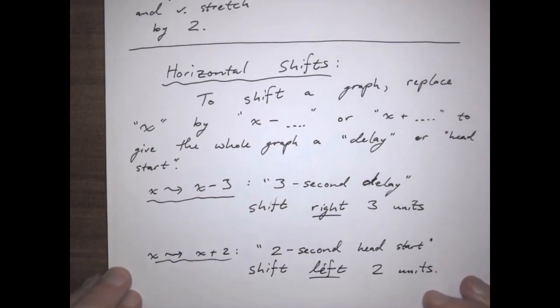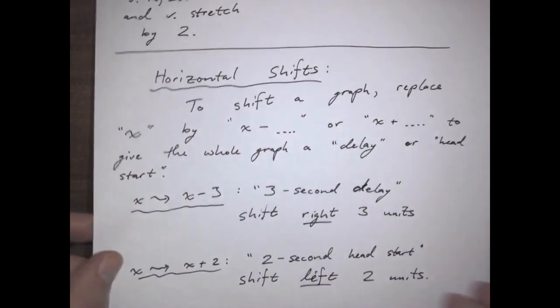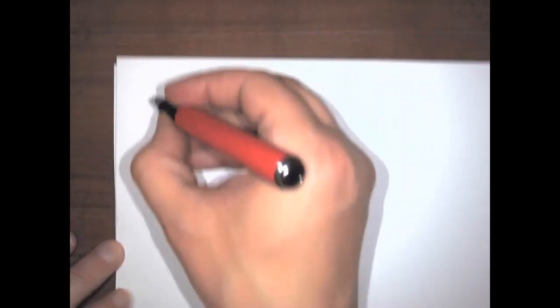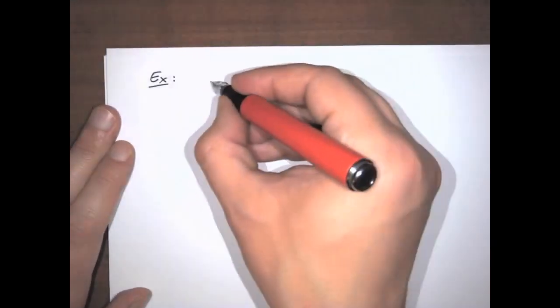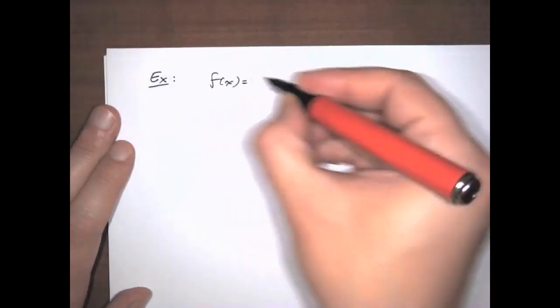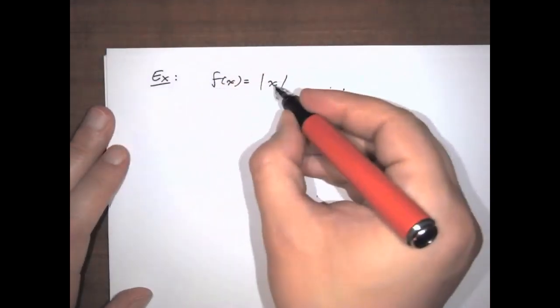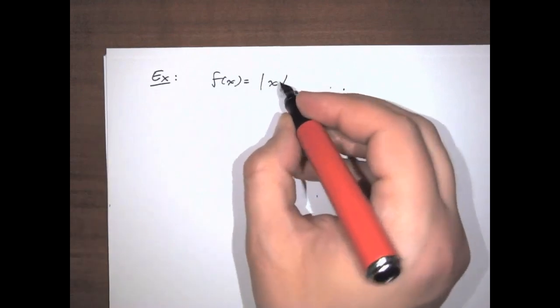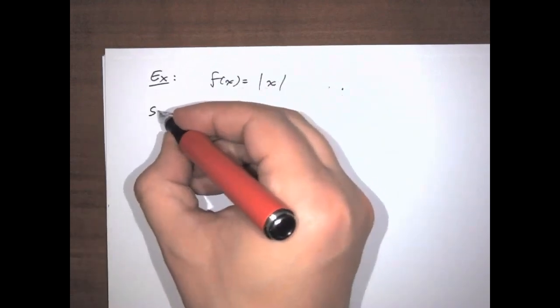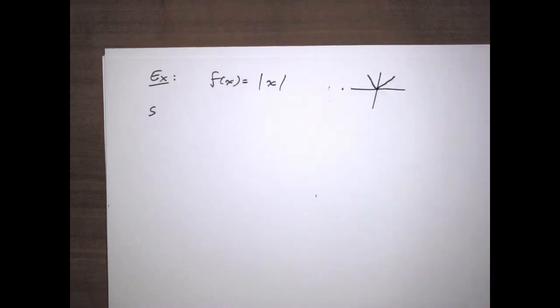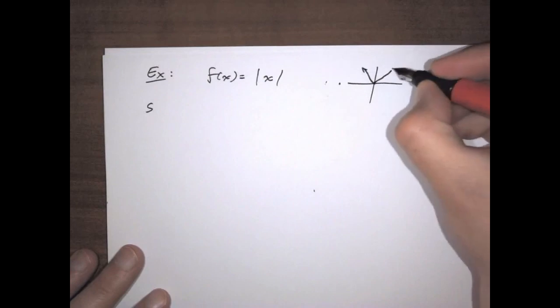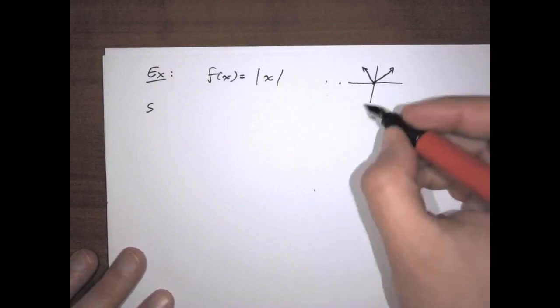Now, what this would look like with our old friend the absolute value is as follows. Example. f of x equals the absolute value of x. So here, if we want to shift this, once again, the important thing for these problems is that the corner happens at 0, 0.